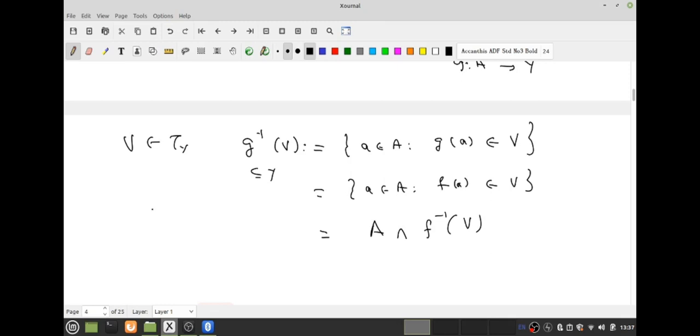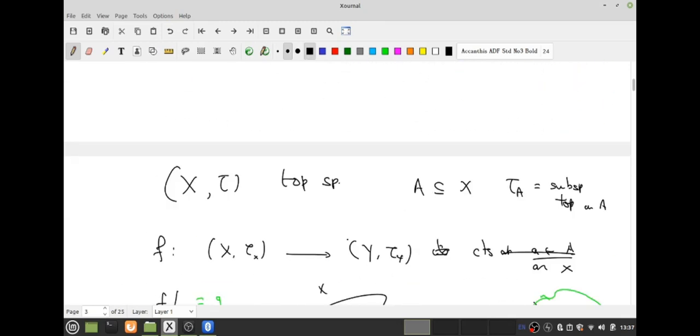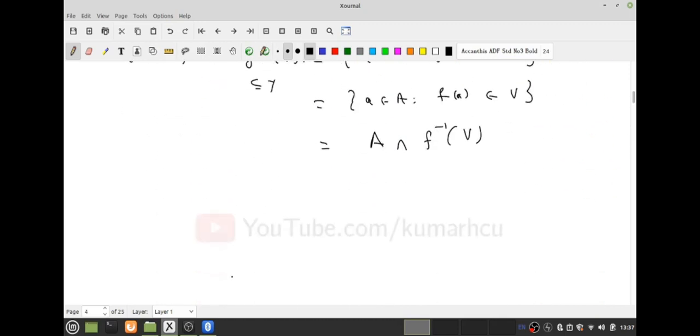Since f is continuous from (X, tau_X) to (Y, tau_Y), and V is open in Y, f inverse of V will be in tau_X. Therefore, this is an element of tau_X, and the whole thing, A intersected with f inverse of V, is an element of tau_A.